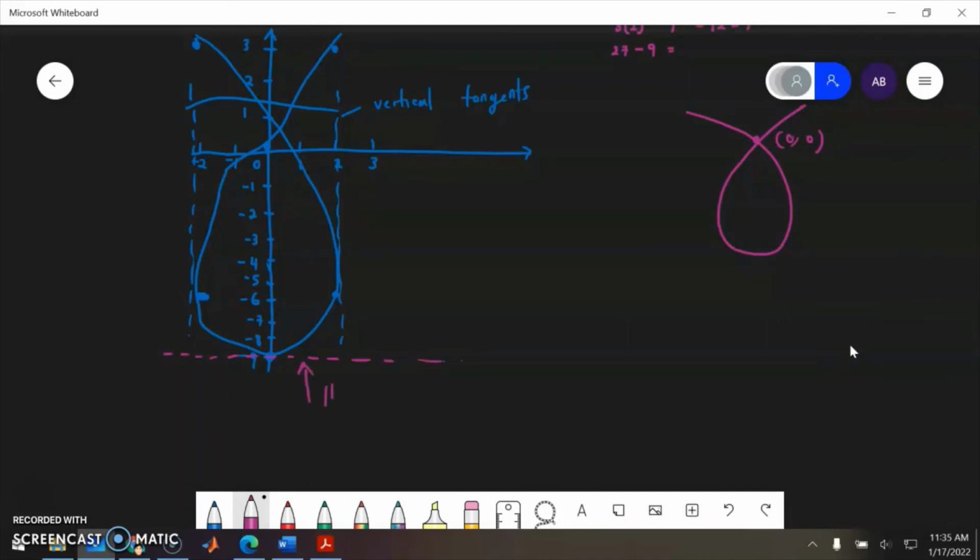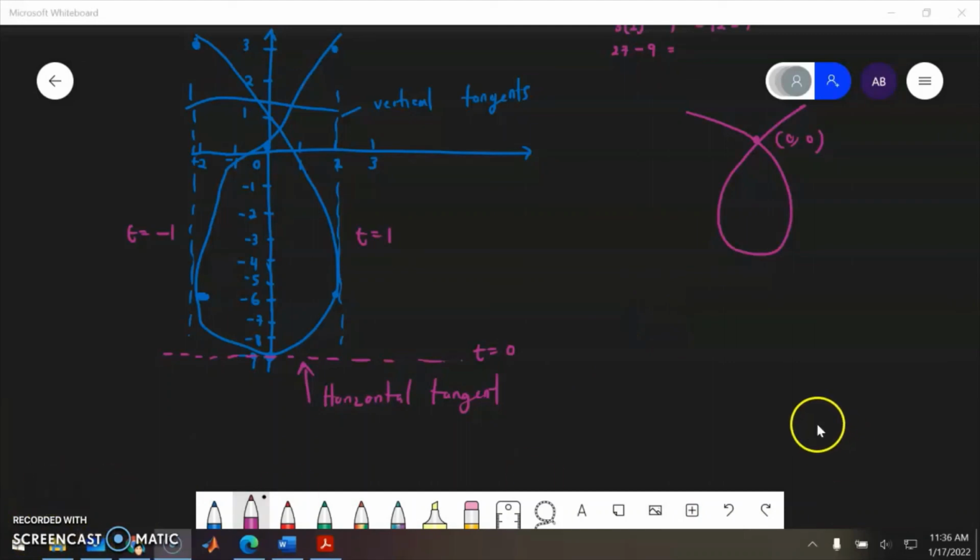So when t is 0, this is what you get. This is when t equals 1. This is when t equals -1. This is when t equals 0. So this is what we can say about our sketch, and I hope you can do it properly.